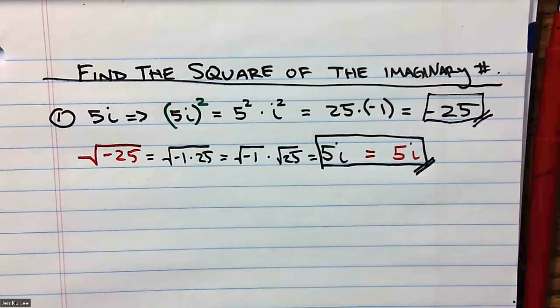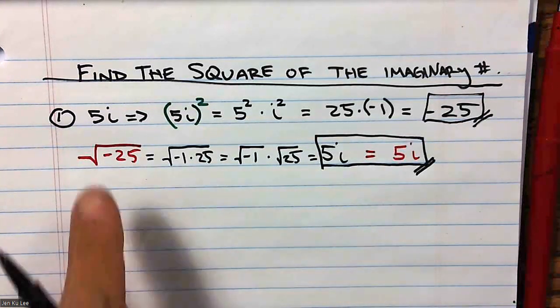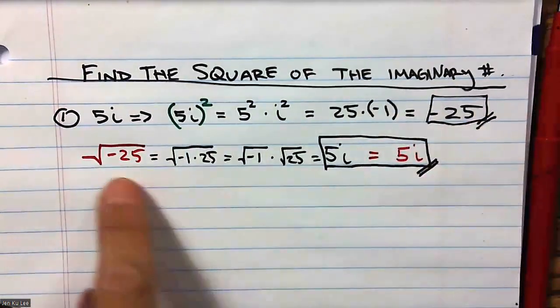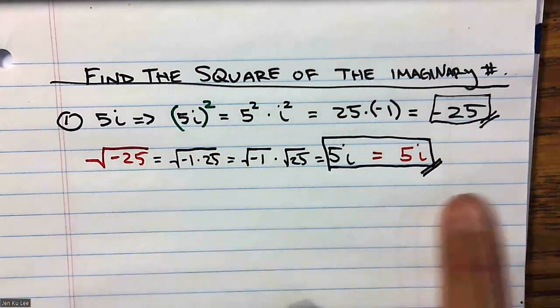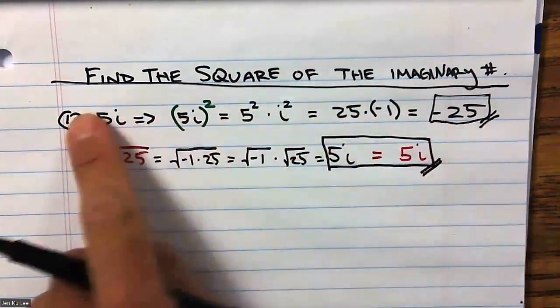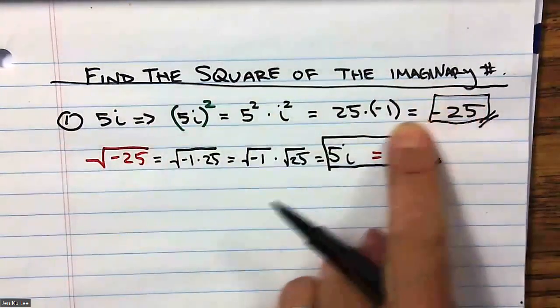So using what we just learned about i equaling square root of negative 1 and i squared being negative 1, I just showed you guys two things. That this is correct when you square it.